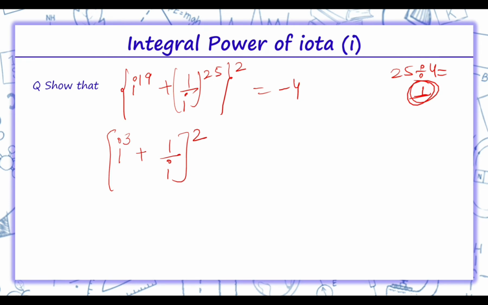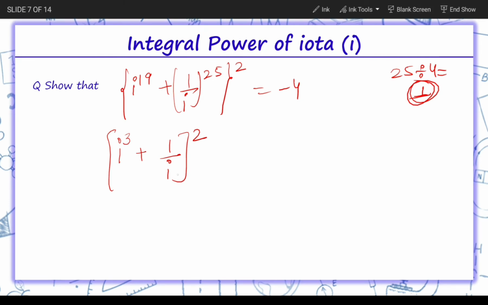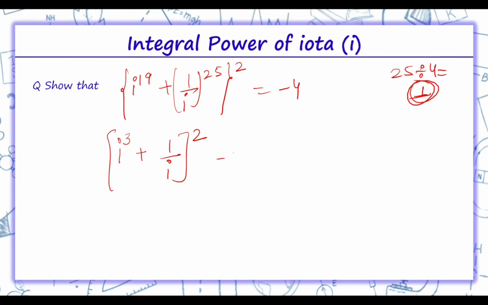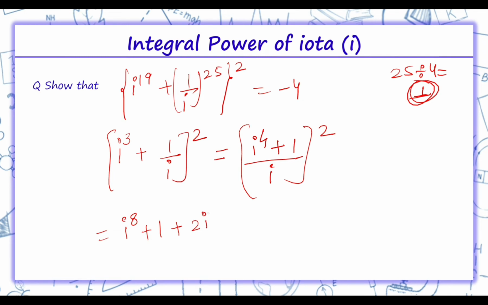So on finding the square, what we'll do is we'll now take out the LCM. When we take out LCM, i to the power 4 plus 1 by i. So on doing square, we'll get i to the power 8 plus 1 plus 2 i to the power 4 upon i square.